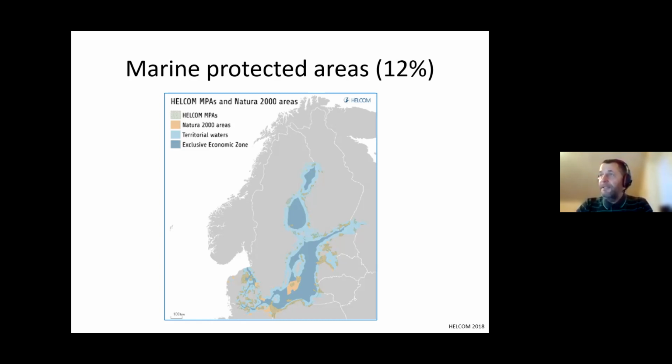So currently over 10% of the Baltic Sea is protected, and the most recent biodiversity strategy of the European Union actually says that by 2030, 30% of the sea should be under protection. So those activities are heavily ongoing.